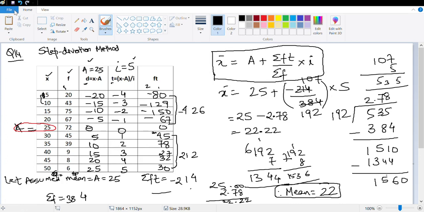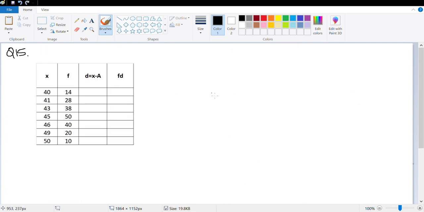Perfect. That brings me to the last question of this exercise, which is question number 15. Let's look at question 15. They are asking us to use the shortcut method, also known as the assumed mean method. Let's check how many data points there are. 1, 2, 3, 4, 5, 6, 7.